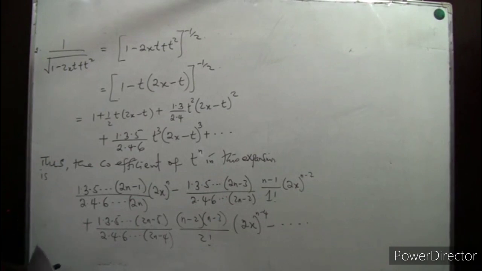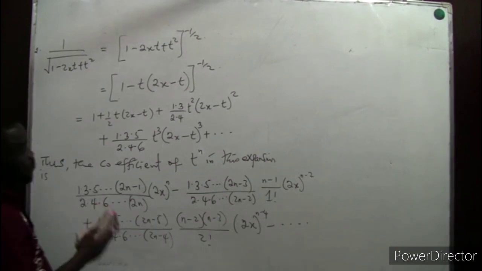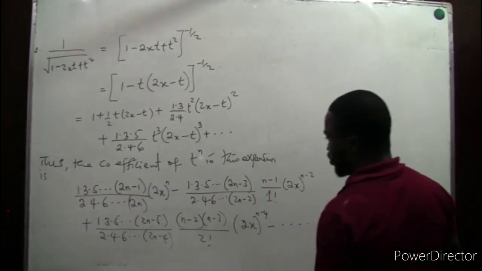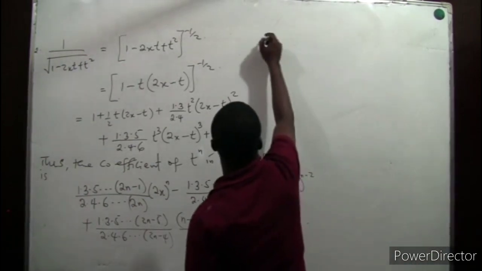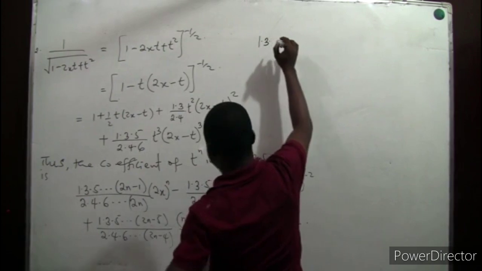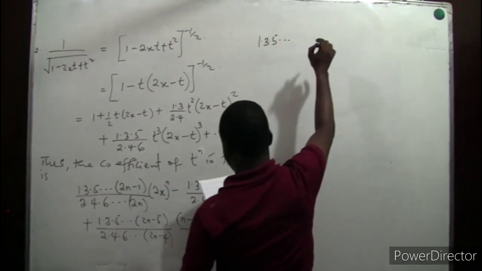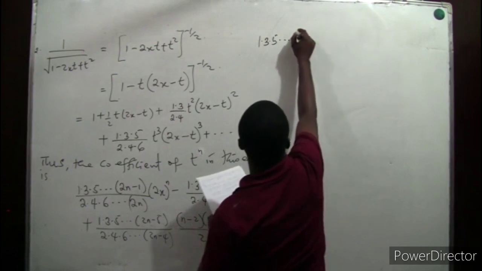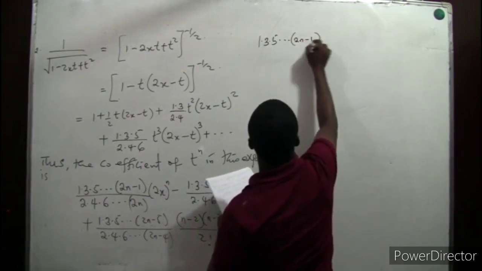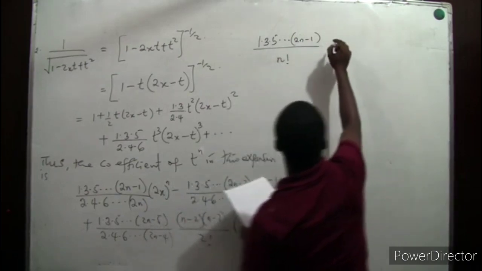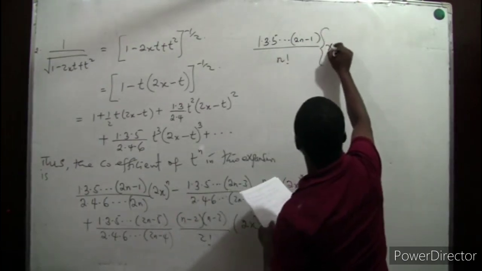Now, let us factorize. By factorization, the factors here are 1, 3, 5 up to 2n minus 1, all divided by n factorial, into x raised to power n.